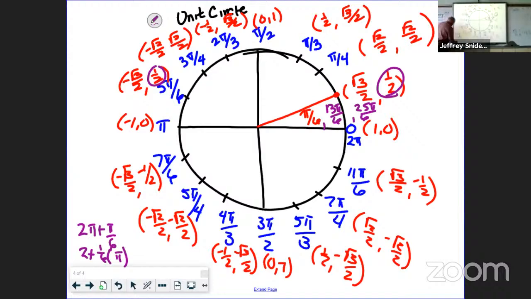Okay? So if I write this down as a function, it would look like the following, because we're talking about functions.